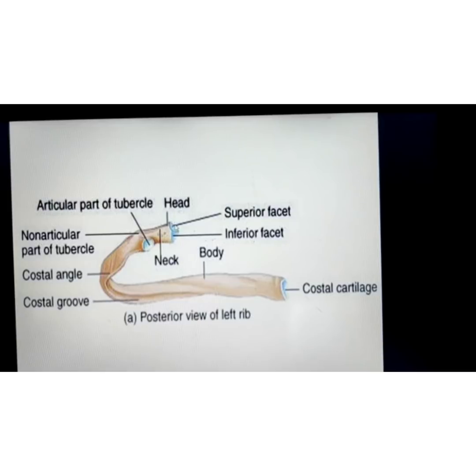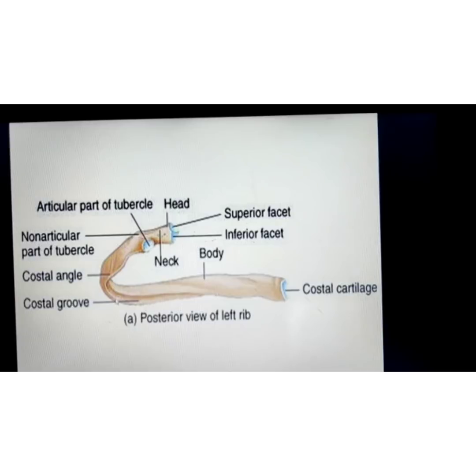The vertebral end consists of the head, neck and tubercle. The body consists of the superior border, inferior border, outer surface and inner surface.